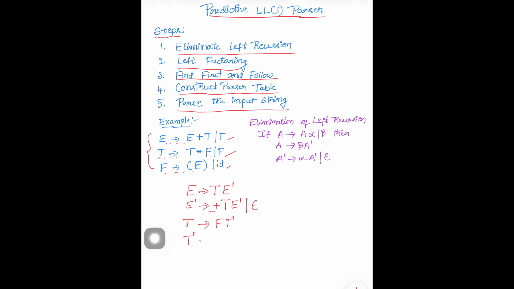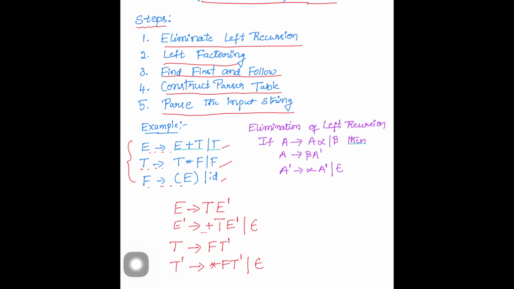T prime produces star F T prime or epsilon. T prime handles the repeated multiplication operations. If another multiplication operator is present, it continues with star F T prime. Otherwise, it becomes epsilon, which means the expression ends here.